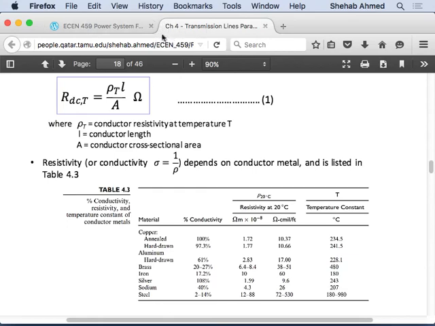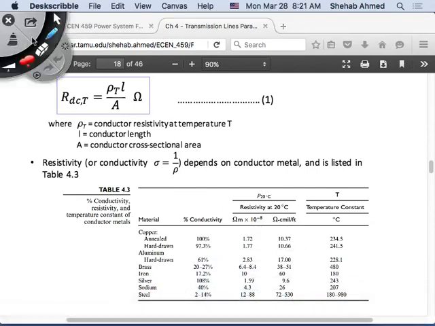Skin effect is, okay, let me draw something quickly. So if you have a conductor with AC current flowing through it, you will have a magnetic field, right? This magnetic field will be around the conductor using the right-hand rule.